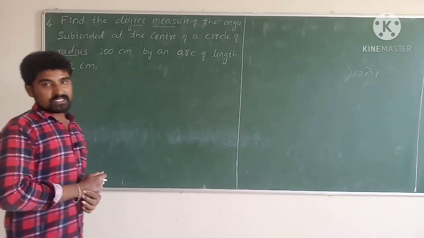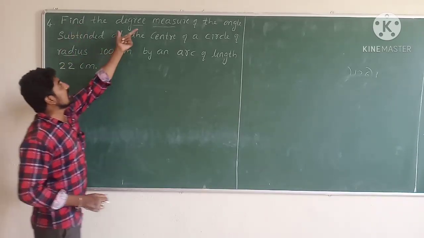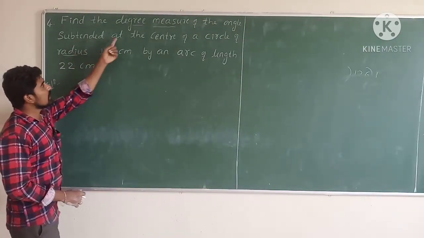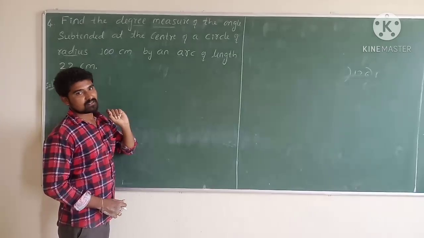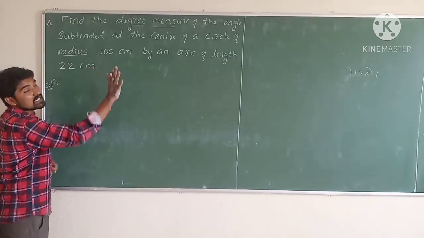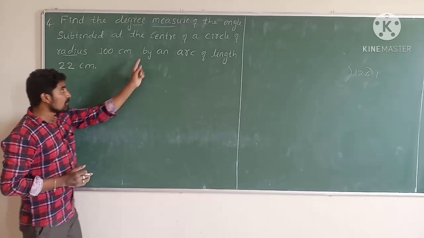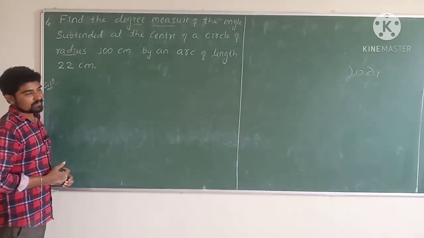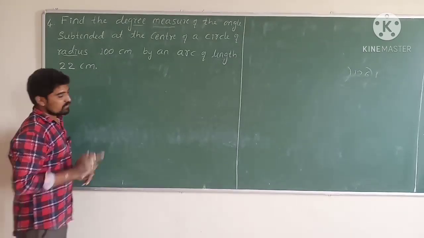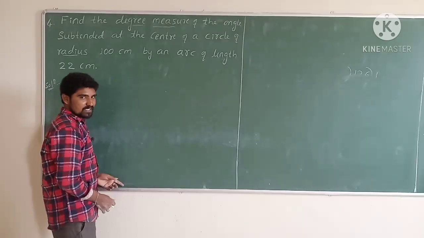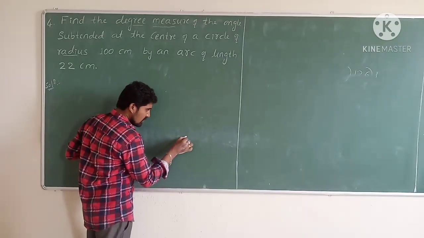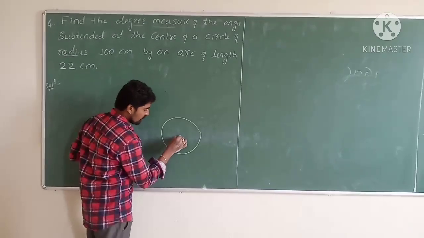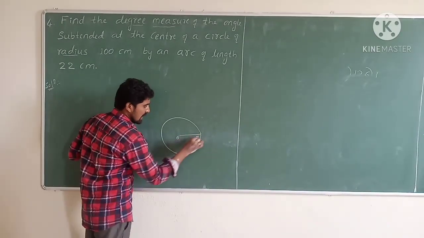So now the fourth question is: find the degree measure of the angle subtended at the center of a circle of radius 100 centimeters by an arc of length 22 centimeters. When we are discussing the radian measure of an angle, let us consider a unit circle, meaning the radius of the circle is 1 unit.